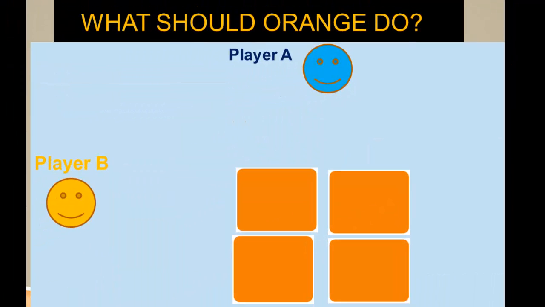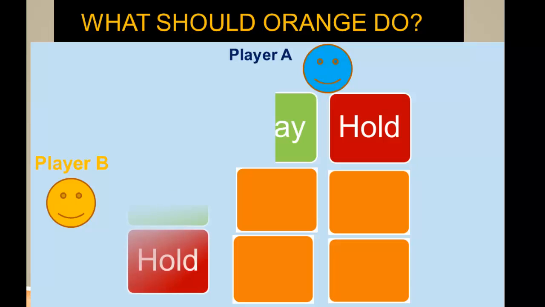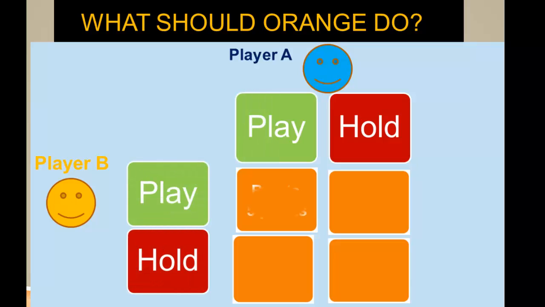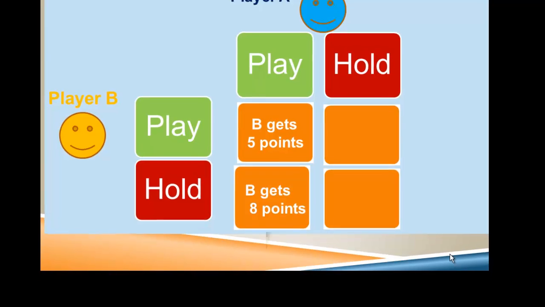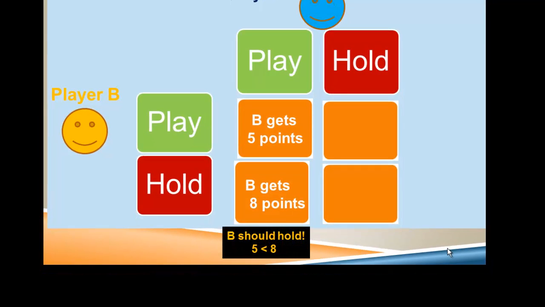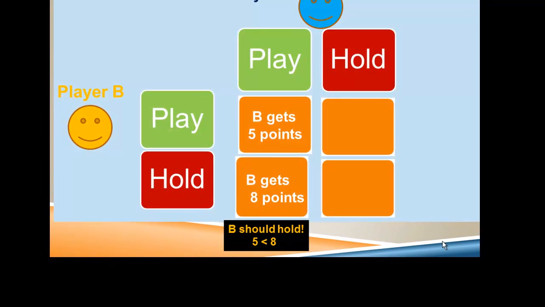Well, what should the orange player do, player B? Let's look at it from that perspective. If player B plays and player A plays, B will get 5 points. However, if player B holds and player A plays, B will get 8 points. So considering this, B should hold because 8 points is greater than 5.